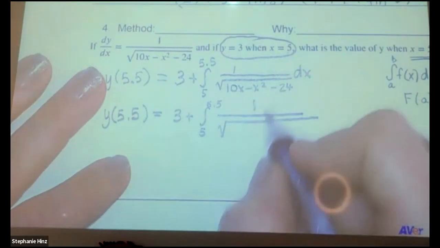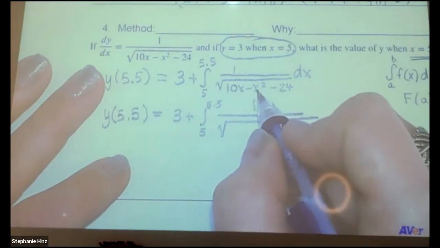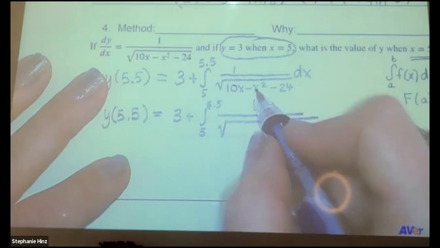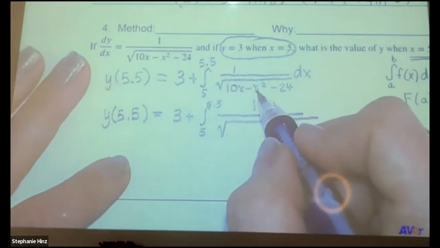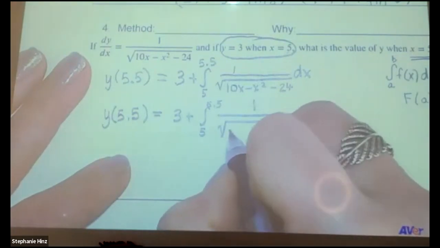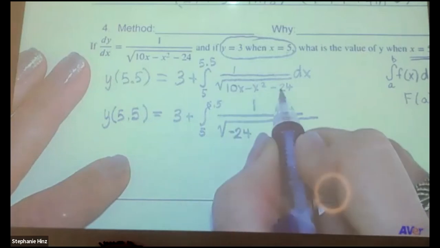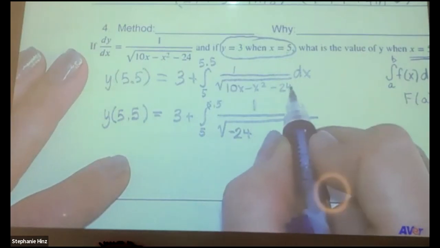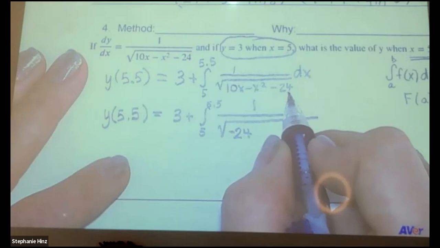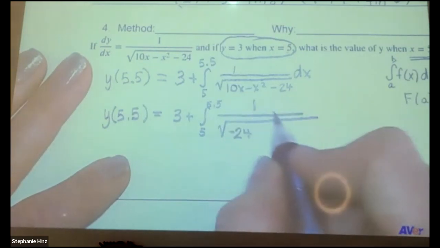I'm going to keep this x, I want that x squared under there. But if you remember, arc sine has the square root of 1 minus. So I kind of want my constants in the front. By the way, I've looked at this and this doesn't factor so hot. So I don't really have anything that I can multiply to get 24 and add to get 10 so easily.